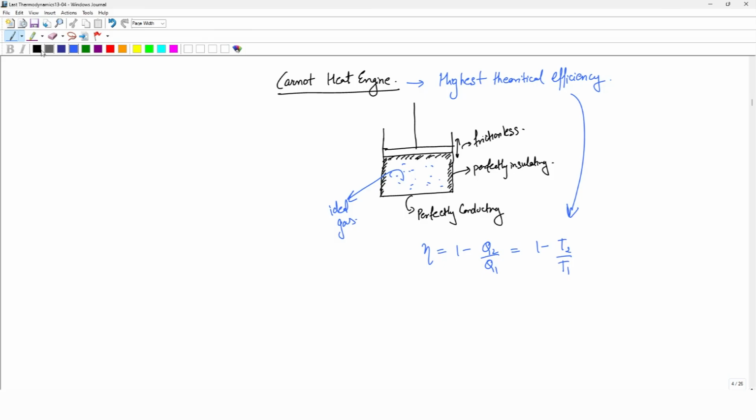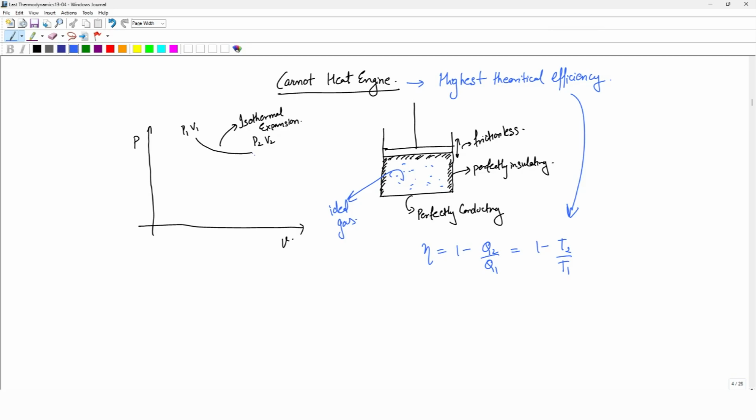So basically, when we discuss the Carnot heat engine, the cycle goes like this. If you see a PV diagram, in the PV diagram it goes like this. First it goes from P1 V1 to P2 V2, that is isothermal expansion.